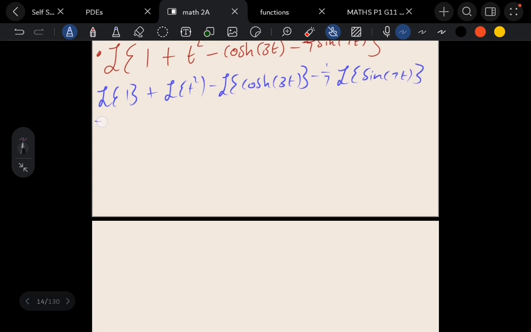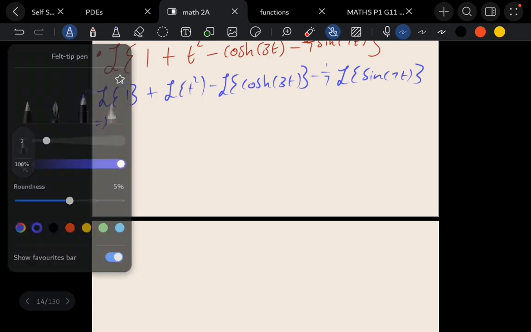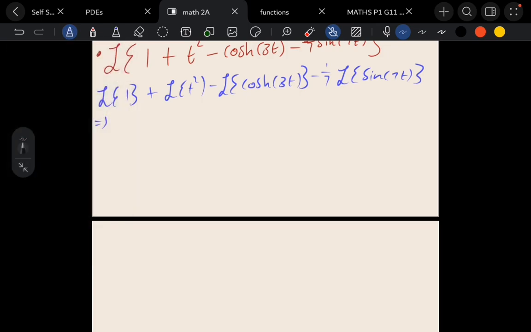Right. What is the Laplace transform of 1? It is going to be 1 over s, plus, what is the Laplace transform of t squared? That is 2 factorial divided by s to the power 3, minus, what is the Laplace transform of cos 3t? It is going to be s over s squared plus 9, minus 1 over 7 in brackets.